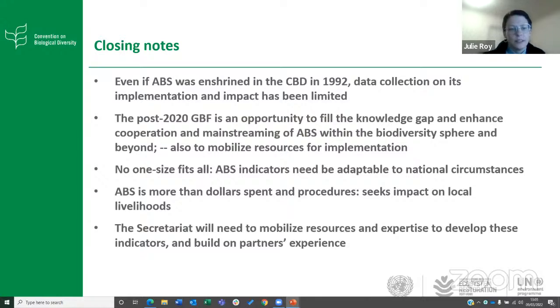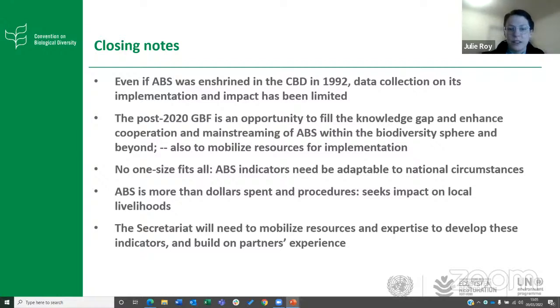And finally, we've talked a bit about local impact through the monetary benefits. How can we get to local impact? ABS is much more than this dollar figure or setting up procedures. It seeks that impact at the local level. And in that sense, perhaps there's a lot to learn from social sciences, not only for policy effectiveness, but really looking at livelihood security and its impact on conservation at the local level.